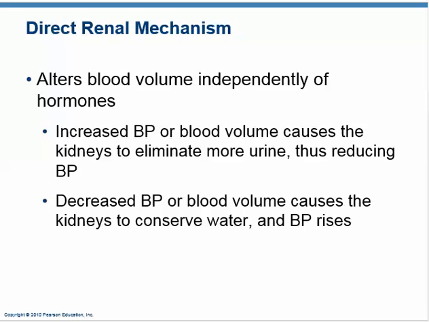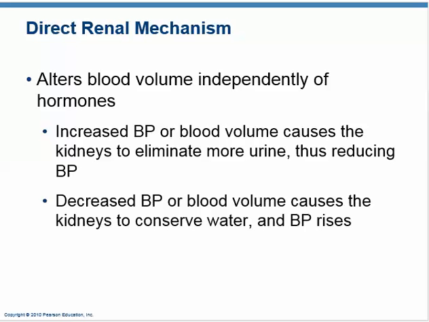So the direct mechanism is that increased blood pressure causes more filtration to happen at the kidneys, which means that there is less reabsorption at the kidneys, so you make more urine, and you have less liquid, so therefore less blood pressure. It's as simple as that. If you're peeing more, your blood pressure goes down because you have less liquid.